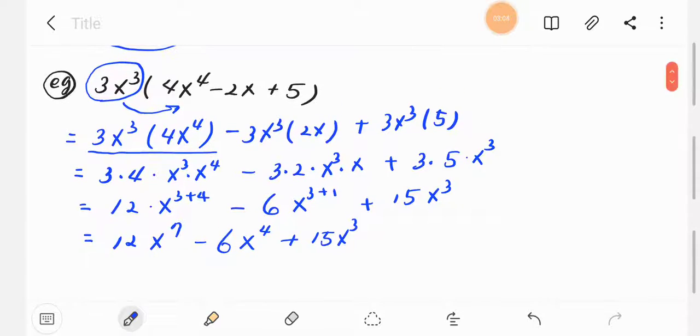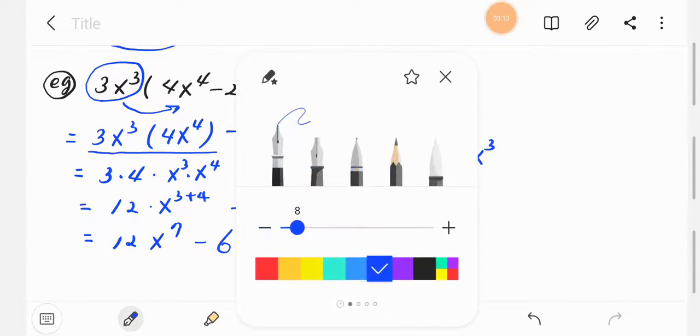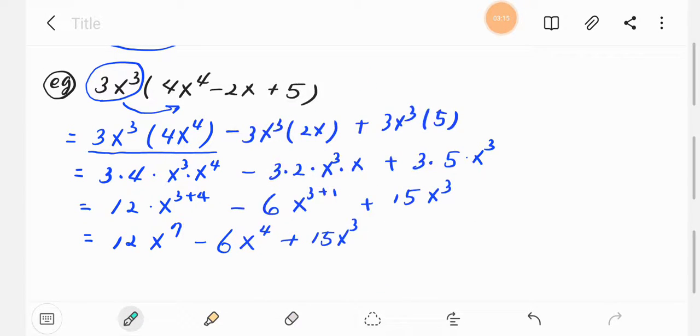All right. So you can write all the steps, but if you can skip any step, that is fine. For example, what if I write the answer directly from here? I'm going to multiply the first term by 3x cubed. So 3 times 4 is 12, right? 12, and x to the, okay, the bases are the same, x and x, so we can add the exponents. 3 plus 4 is 7.